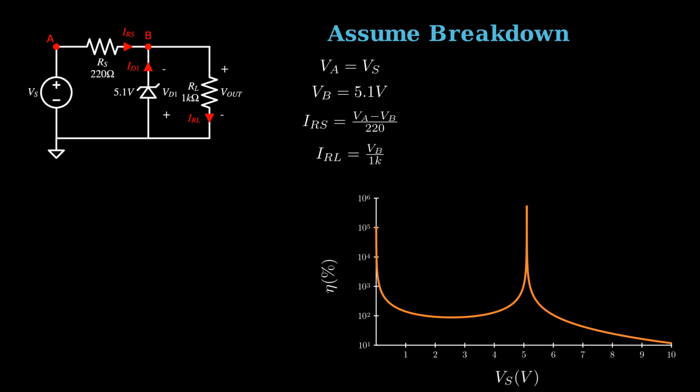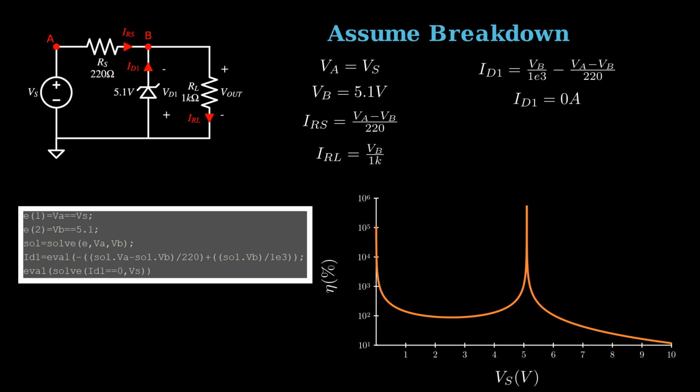We use the symbolic equations again. This time to find the current through the diode as a function of Vs. The breakdown assumption is valid when the current is negative. So we're trying to find the value where it is no longer negative, aka 0 amps.